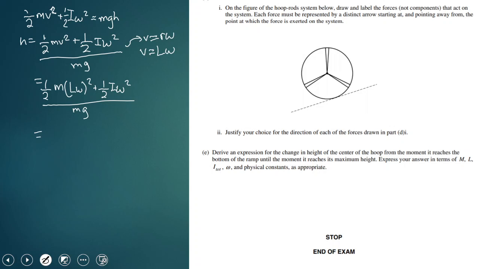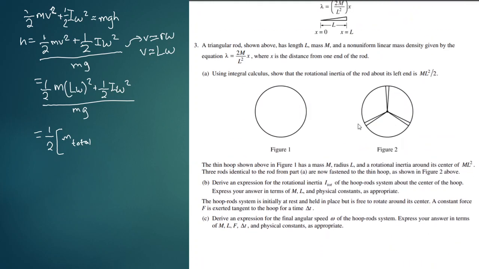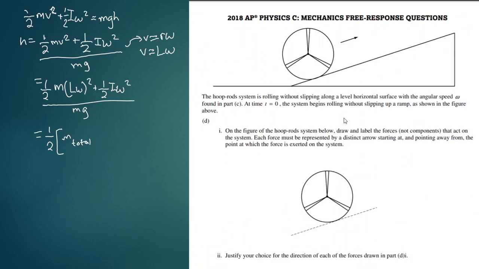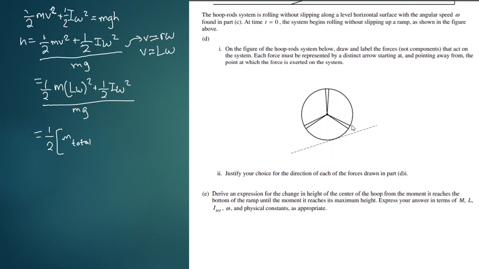So this is equal to, I'm going to factor out a 1/2. I'm going to get an m total. Now this will play into part because we haven't had to work with this before, but keep in mind that the object in consideration is a hoop with 3 different rods within it. We're given that the hoop has a mass m, and each of the rods has a mass m, and so our total mass is going to be 4m.